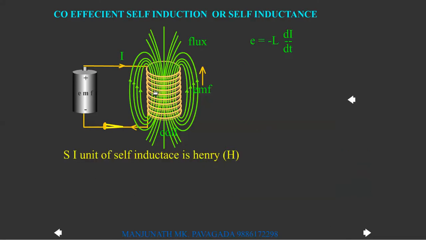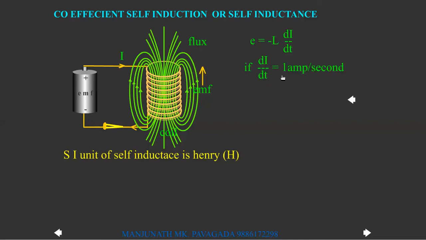Now let us discuss the SI unit of self-inductance, which is Henry. We already know the SI unit of mutual inductance is also Henry. So now let us define this Henry. To define it, once again we consider the equation E is equal to L into dI by dt.